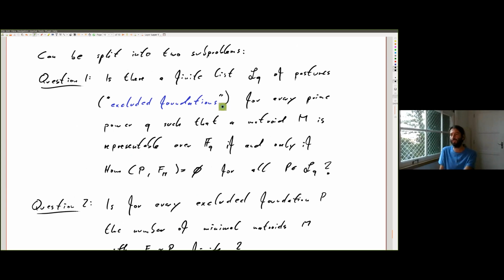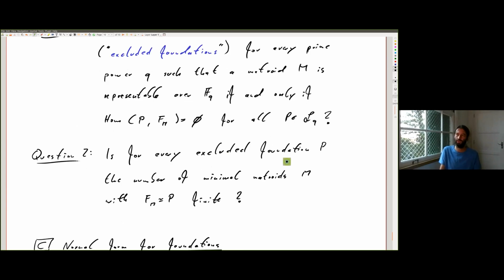Then we can wonder, as a second problem, whether each of these excluded foundations has a number of minimal matroids with this foundation. This is an exact splitting of Rota's conjecture in two, and it might relate to some ideas of Jim Geelen's talk from last month, where he said we have to organize somehow the excluded minors for F5 to have a reasonable picture because there are too many.